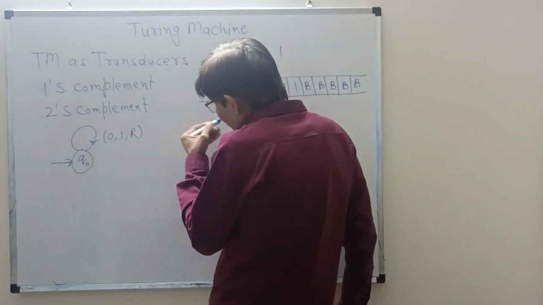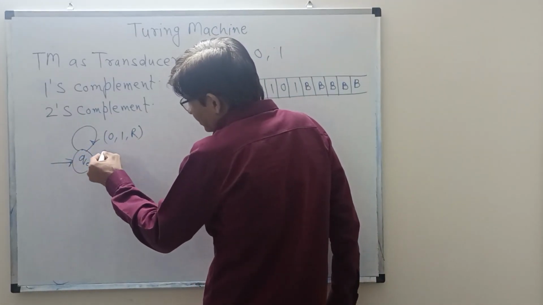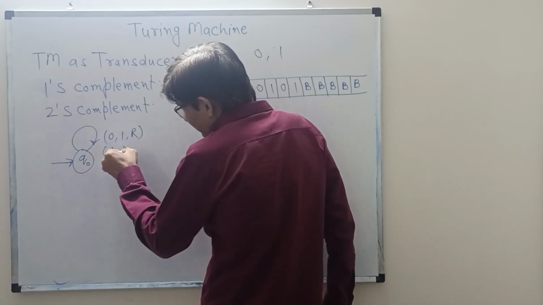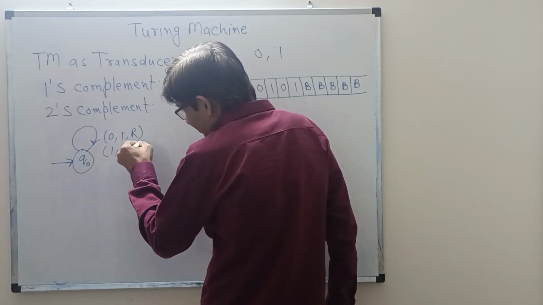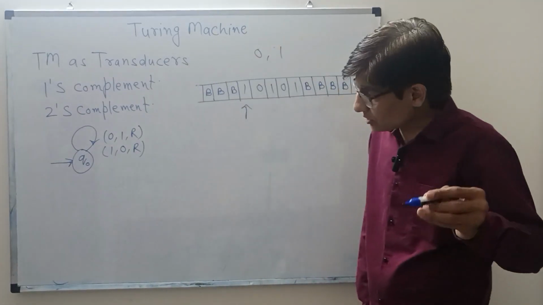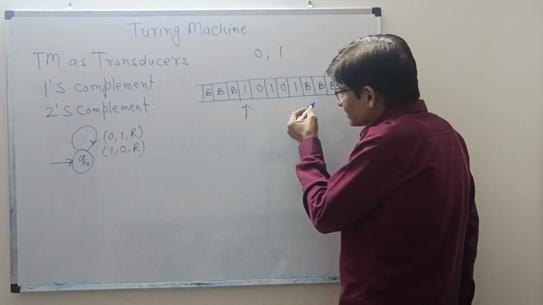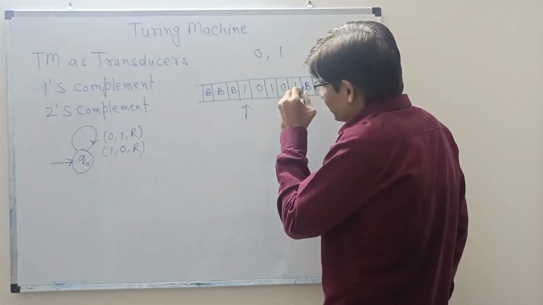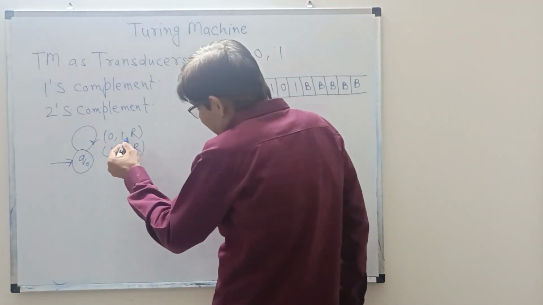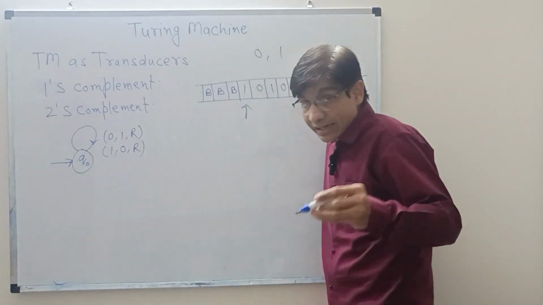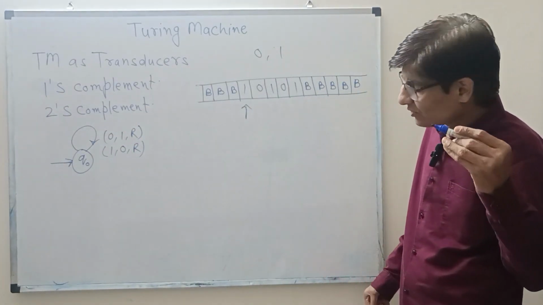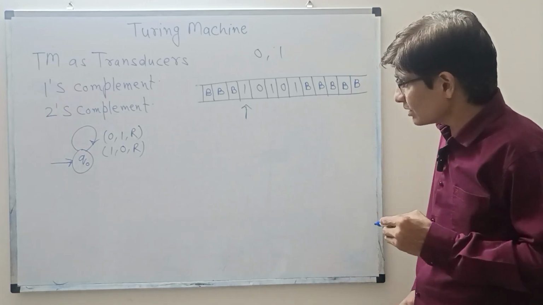And if you are getting 1 on q0, you can convert this 1 into 0, and again move towards right. So these two transitions will convert all ones into zeros and all zeros into ones. Basically these two transitions will calculate the binary one's complement of the given binary number.